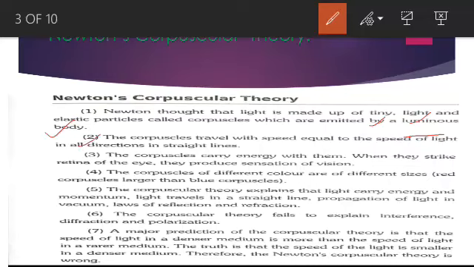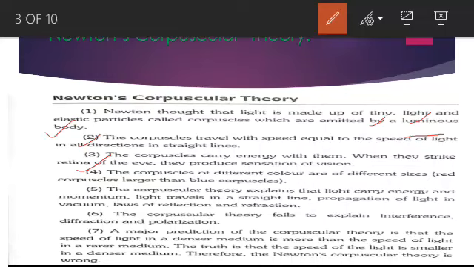In this postulate, he said that light travels in a straight line in the form of corpuscles. In the third postulate, Newton says that corpuscles of light carry energy with them and produce sensation of vision when striking the retina of the eye.